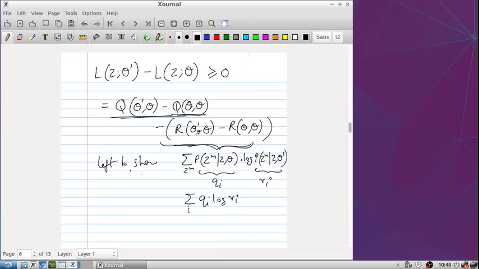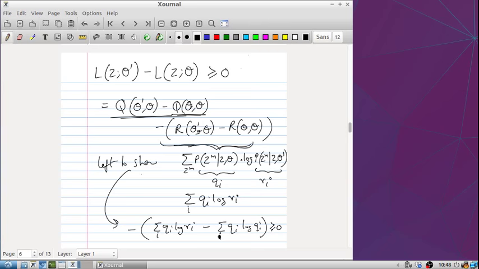So what am I left to show? I need to show that the negative of the sum over i of qi log ri, minus R of theta comma theta, which is the sum over i of qi log qi, is greater than 0. That's all I need to show.